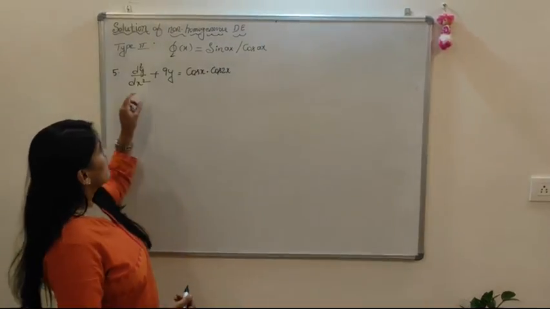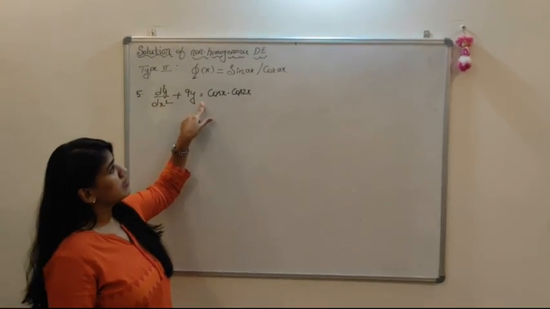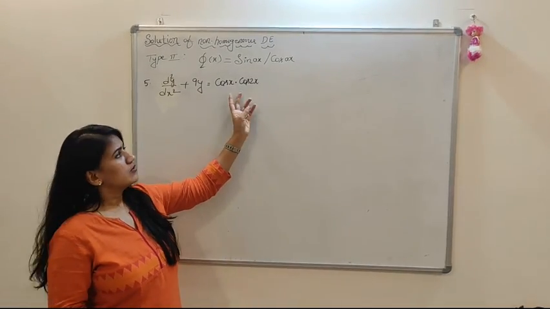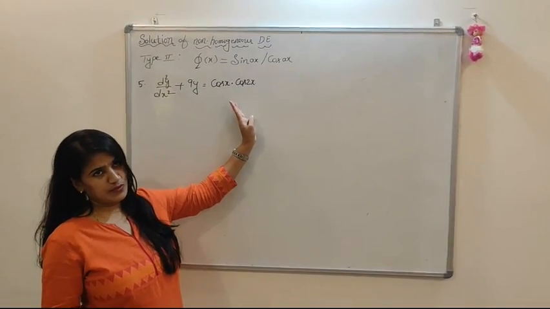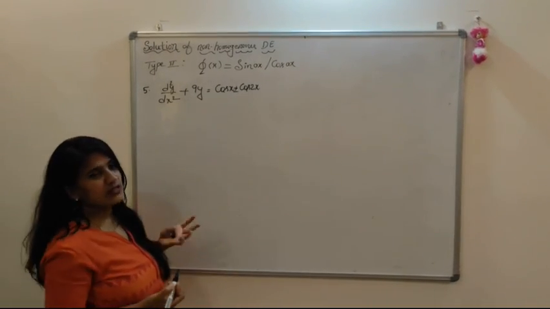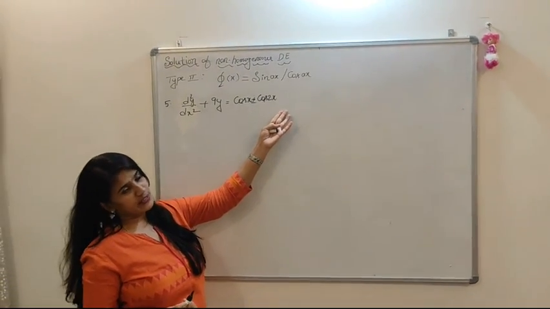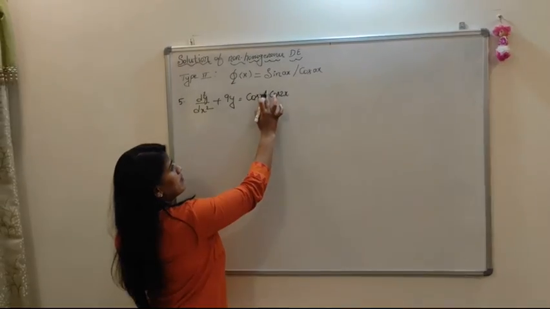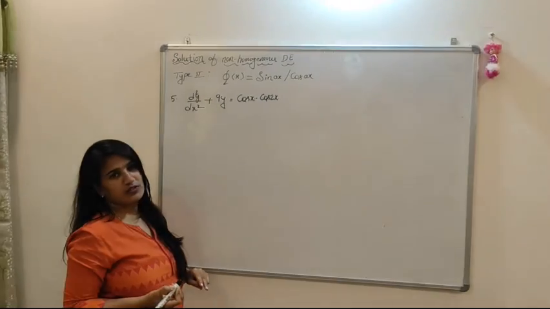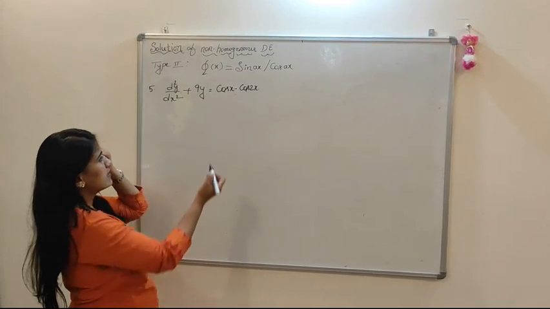Next we'll move on to the 5th problem, that is d square y by dx square plus 9y is equal to cos x into cos 2x. Here cos is there, so it comes under type 2. But plus or minus we can easily separate the denominator and apply the type 2 method. But when a product is there, we can't apply the formula directly. So we have to convert this into a sum or difference using the formula.